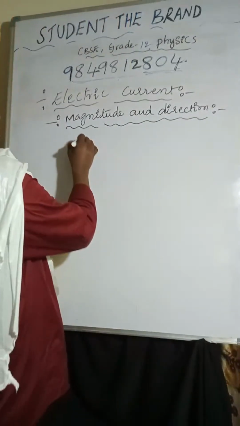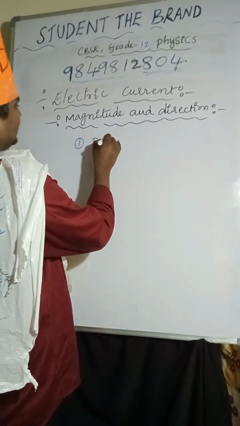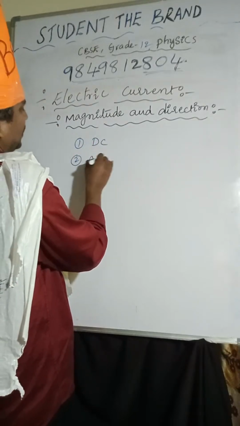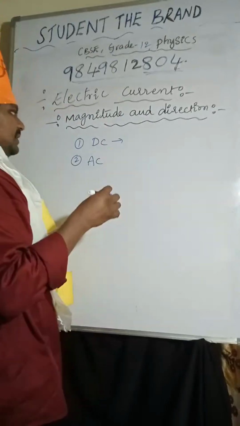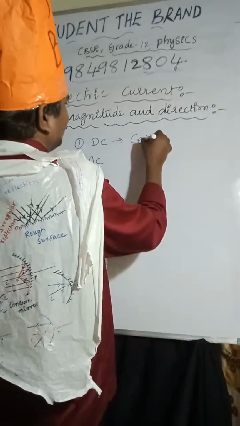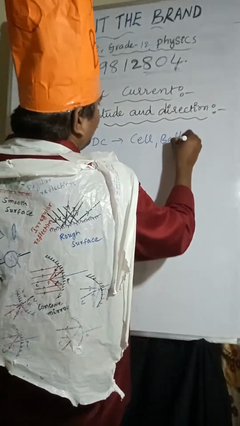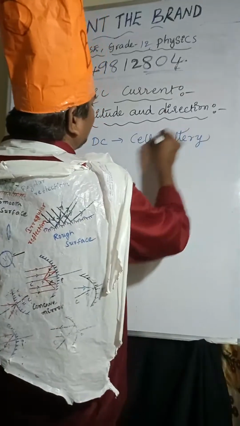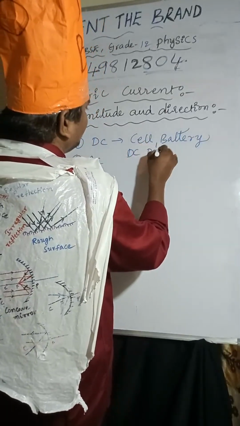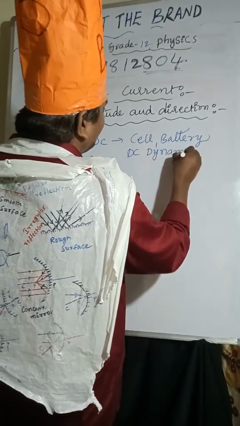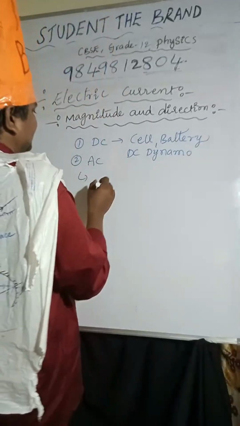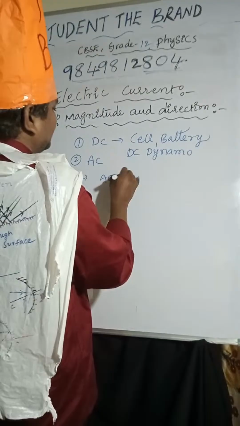First one is DC, second one is AC. For direct current we can take the examples: cell, battery, DC dynamo. And for alternating current, the example is an AC dynamo.